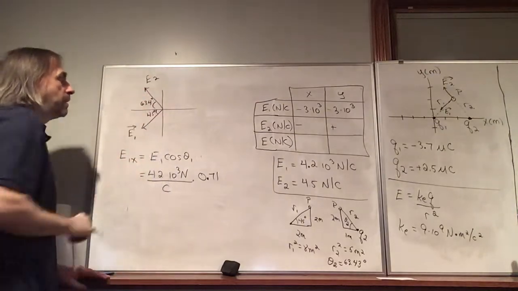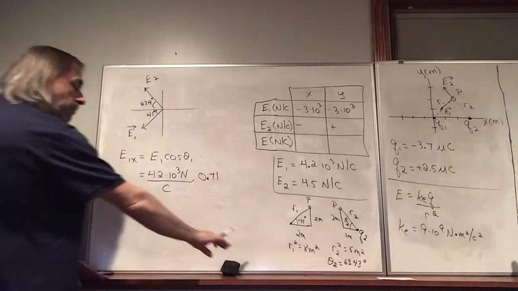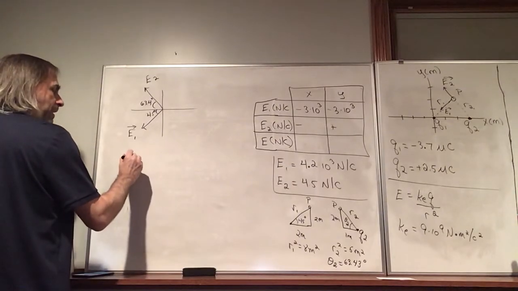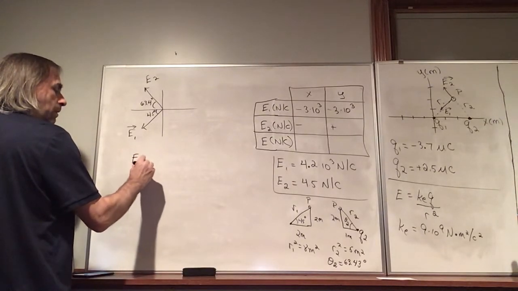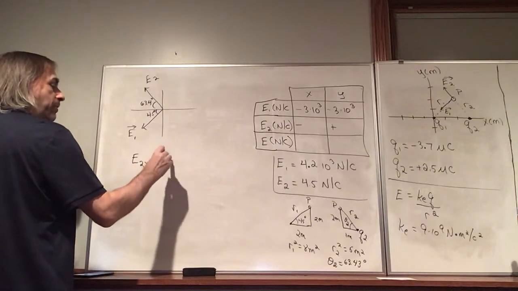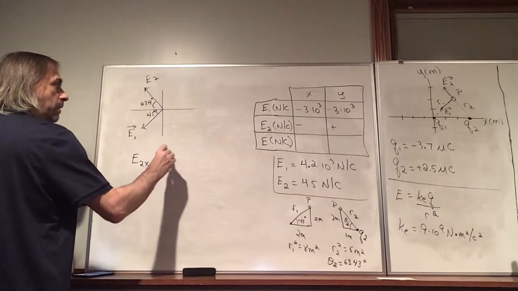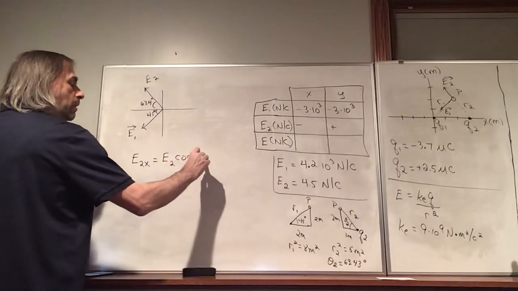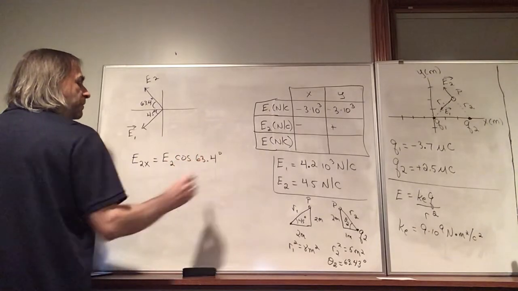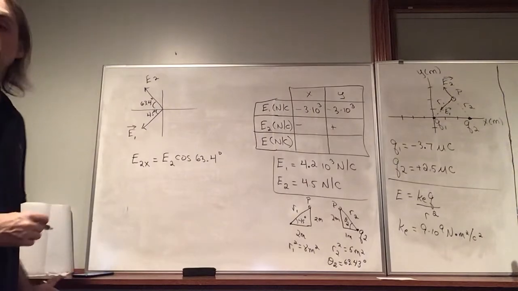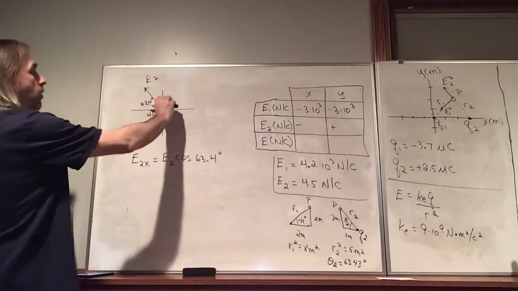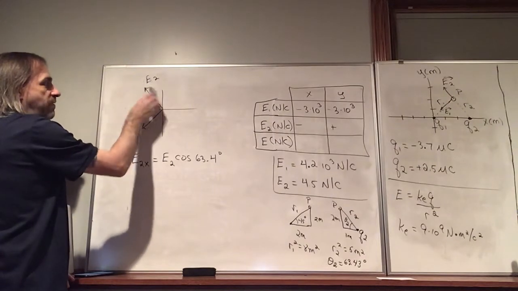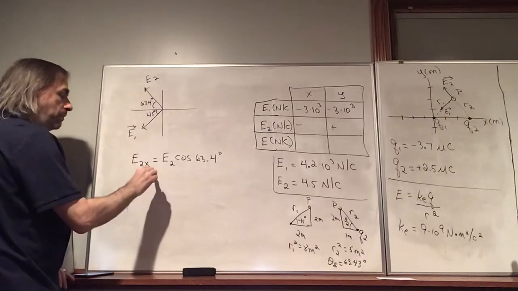I'll just write 63.4. And so we can say that E2x, we're just looking at the magnitude, would be E2 times cosine of 63.4 degrees. Again, we want the x component that's adjacent to the angle, and the y component that's opposite this angle.